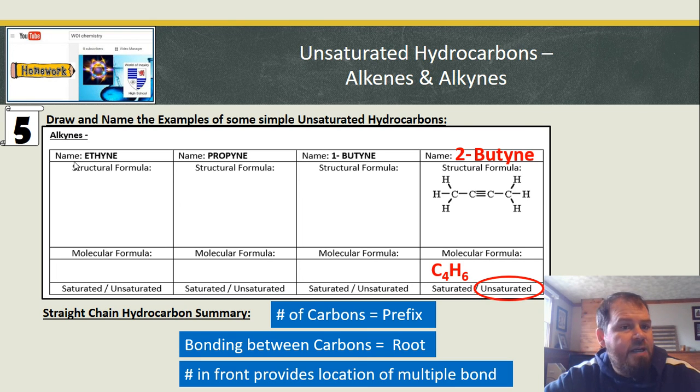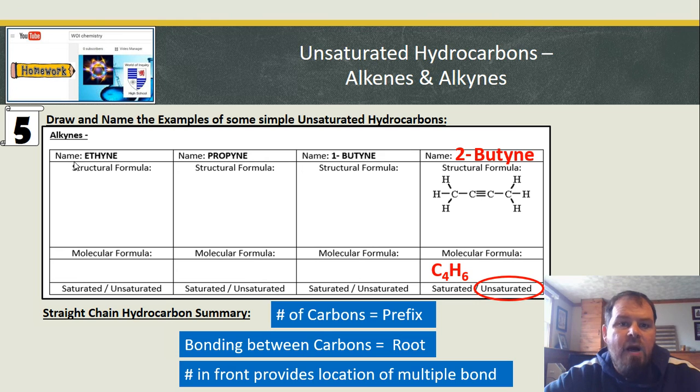Now, there's one thing I did not cover in this whole thing, and it might show up in the practice. There's a prefix di, and we know di means 2. It won't work for the CnH2n. Those generic formulas don't work if there's more than 1 double bond, but we could have 2 double bonds. 2 double bonds would be a diene, and 2 triple bonds would be a diyne.